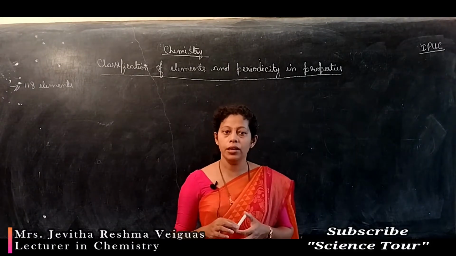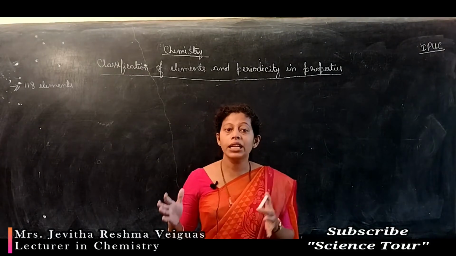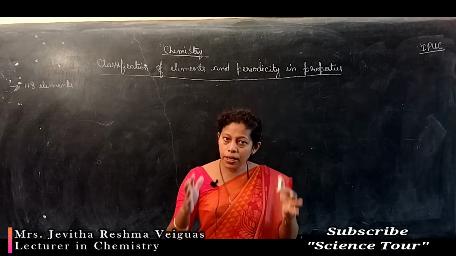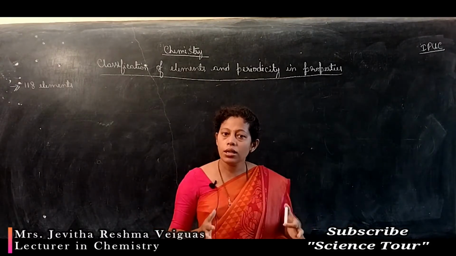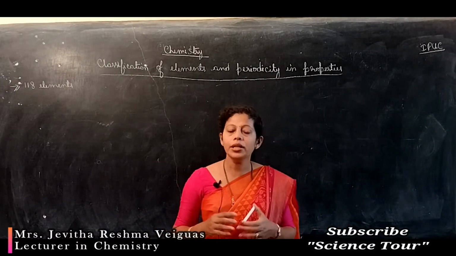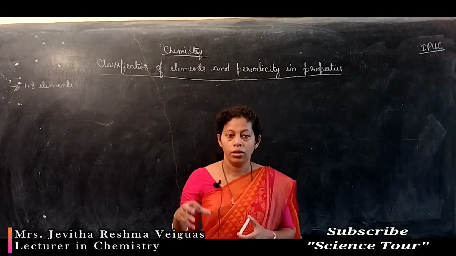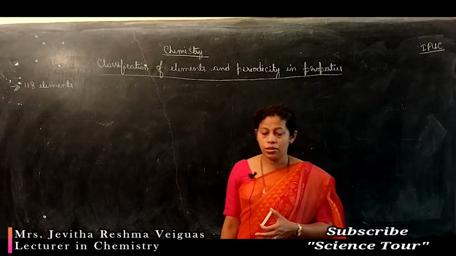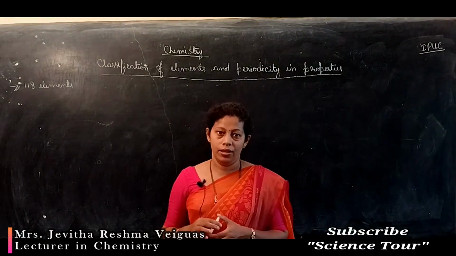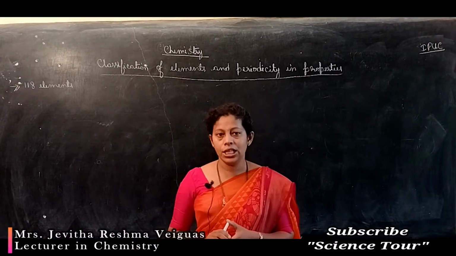So scientists felt that if these elements are placed in a systematic way, in a table in a regular order, the study of the elements becomes easy. This thought led to the classification of elements, and this thought itself led to the formulation of the periodic table.